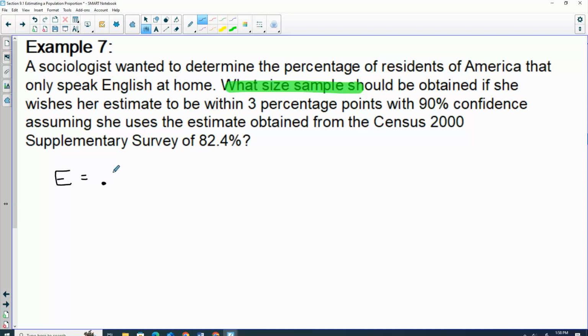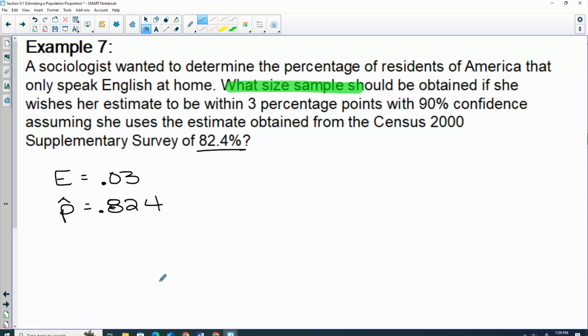So 3% would be 0.03. With 90% confidence, assuming she wishes to use the estimate obtained from the census in 2000 of 82.4%. So I have prior data. That is my p hat.